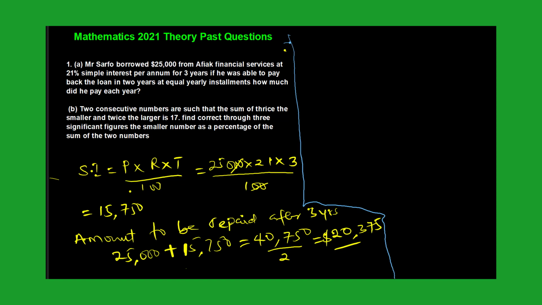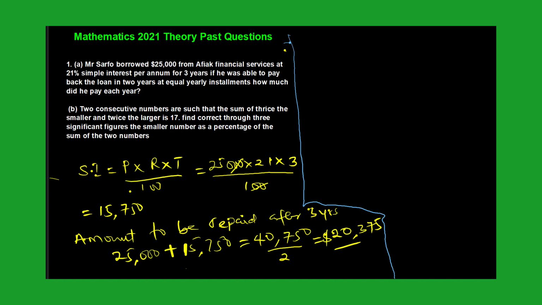Okay. We are going to look for two numbers that are consecutive. We are going to sum thrice the smaller number and twice the larger one, which equals 17. If, for instance, the two consecutive numbers are x and y, it will be 3x plus 2y equal to 17.